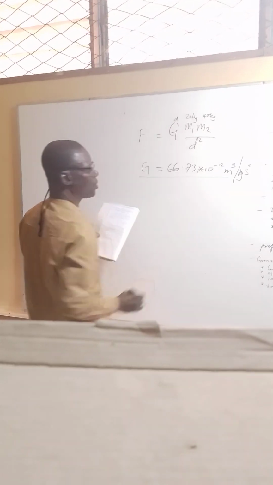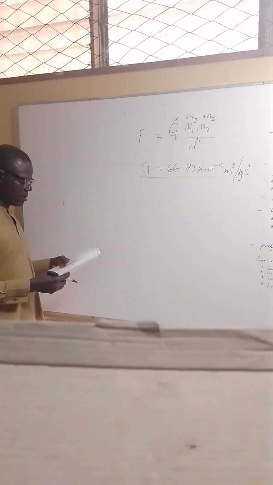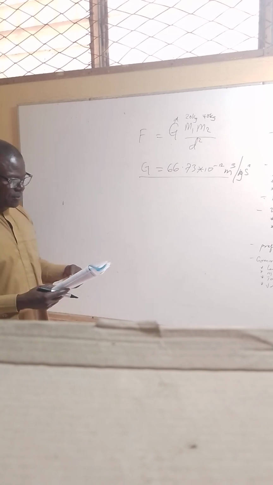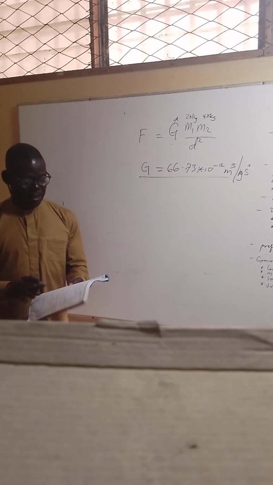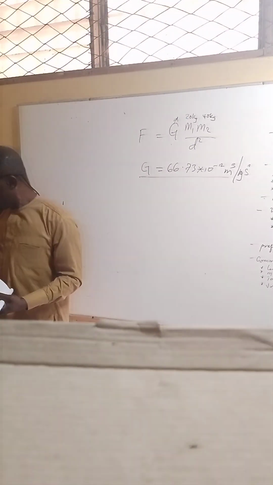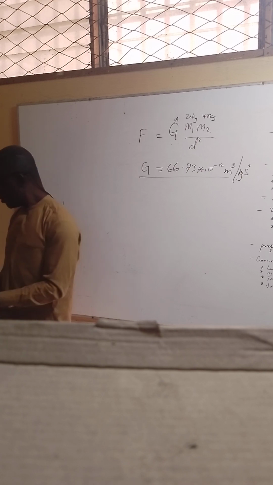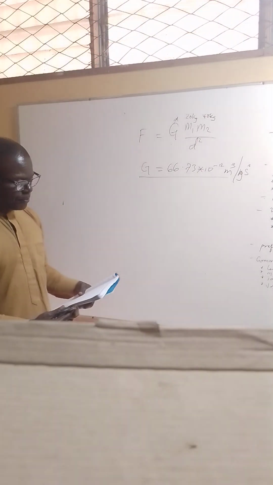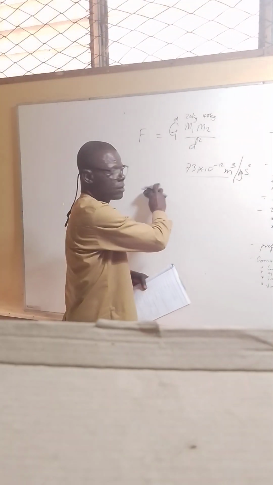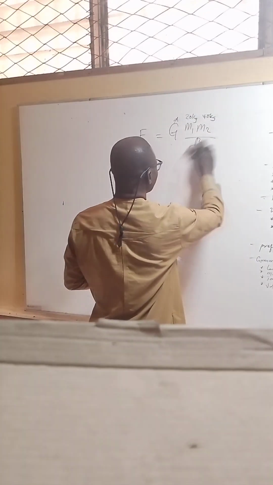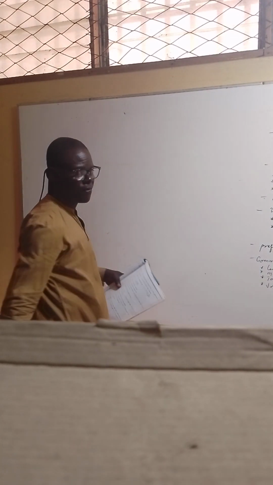That is the value of G, the gravitational constant. And then from this we apply it to find the weight of a body. What is the weight of a body? The weight of a particle is simply the gravitational force attracting it to the Earth's surface.